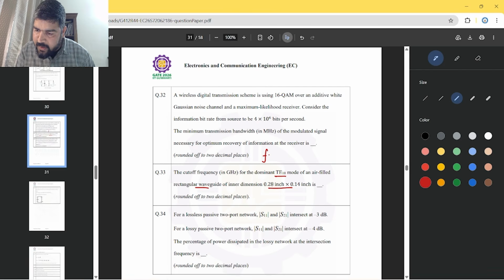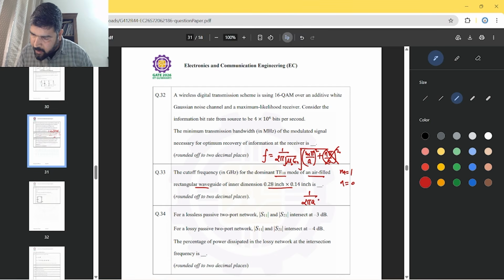The cutoff frequency is given as 1/2 pi. Since the medium is filled with air, so you can say that mu naught epsilon naught root of (m pi by a) square plus (n pi by b) square. Okay, since m is equal to 1 and n equal to 0, so what you can do is remove this and it will become 1/2 pi root of mu naught epsilon naught into pi by a.